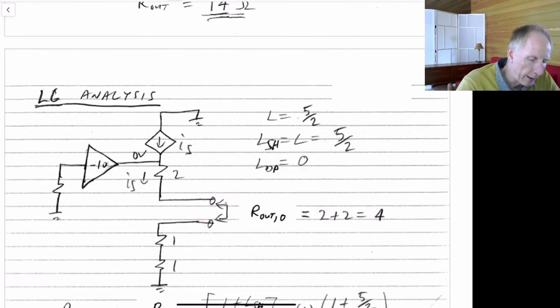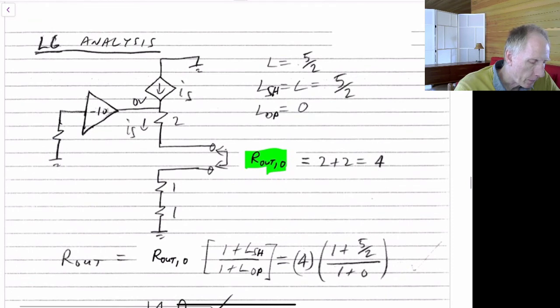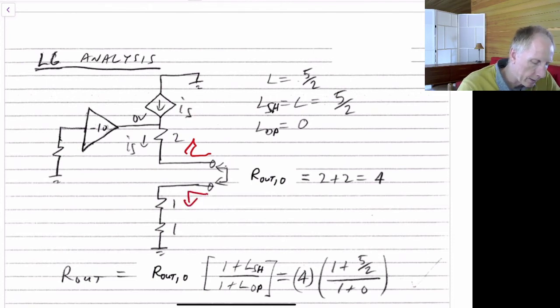So the only thing we have to find here then is what is the impedance here when I break the loop but leave the impedance as correct. In this case, the impedance we're going to see will be the impedance looking up in series with the impedance looking down, because this gets us to ground, and then whatever we have looking up goes to ground as well.